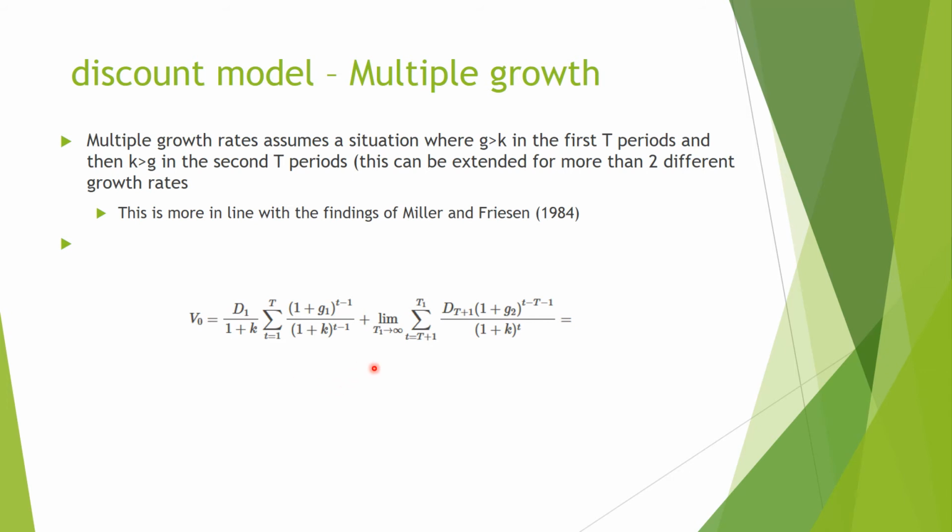So now we have the model incorporating growth rate 1, where G is greater than K, and growth rate 2, where K is greater than G. And this, I'd say, makes more sense in the real world for understanding the intrinsic value of that stock.